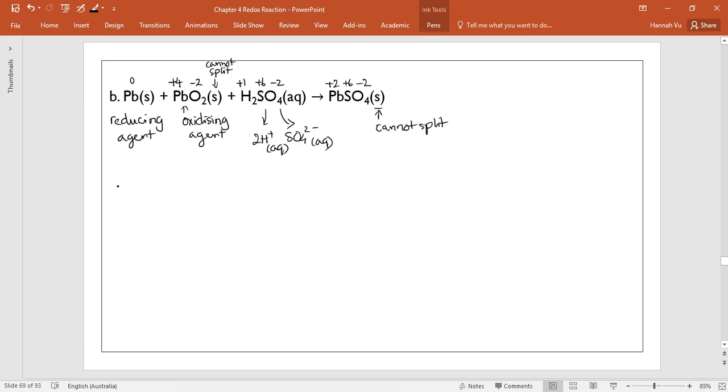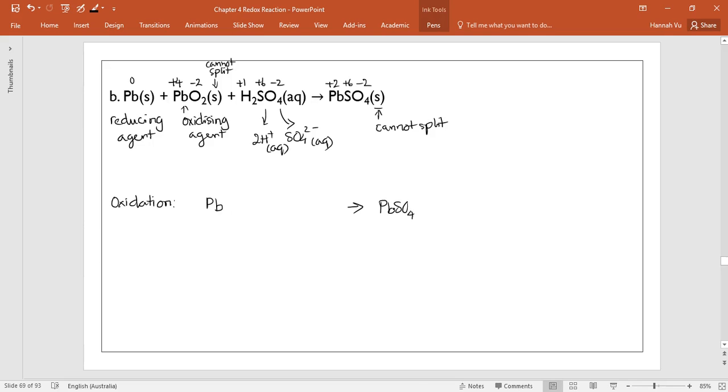So I'm going to do the half equations. For oxidation, there is a reducing agent, so what oxidation is going to be is Pb going to PbSO4. You have to keep the whole ionic compound because it's a solid.